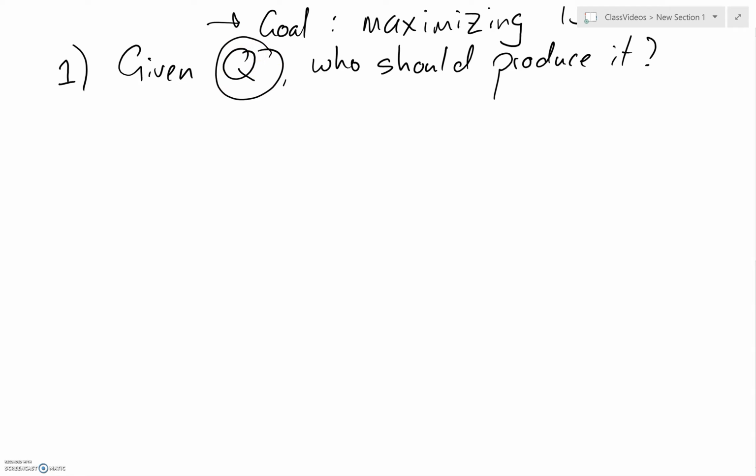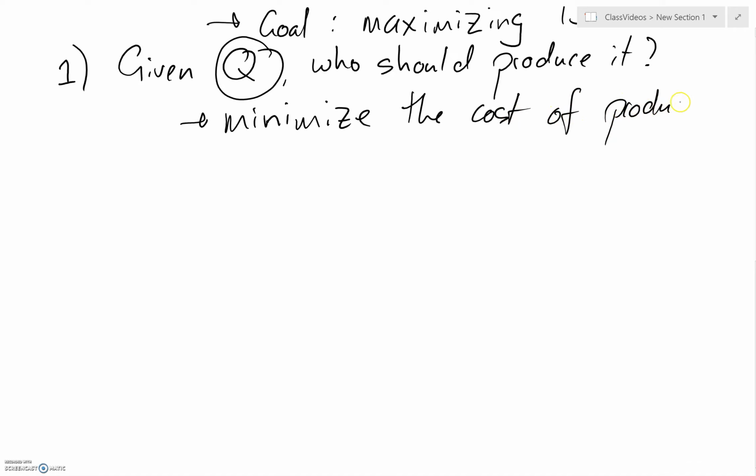Okay, so if we're trying to maximize total surplus, the bit of this problem that will help us with this is to minimize the cost of producing Q. Okay? And so we're going to be able to answer this question just by looking at the supply curve.